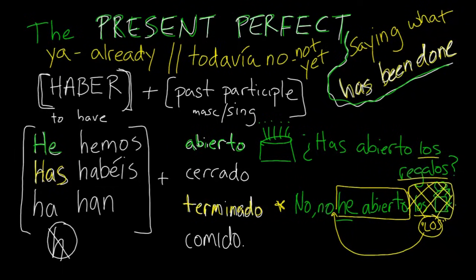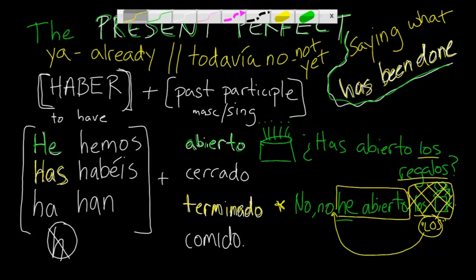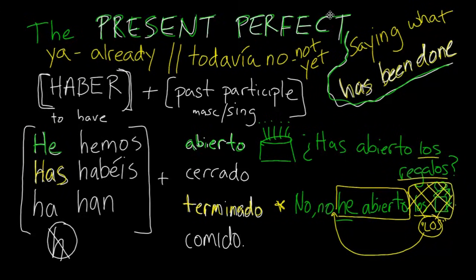So if we go back to our example that we were using just a little bit earlier, and your friend comes to your birthday party, and originally he said, ¿Has abierto los regalos? Have you opened the gifts? He could have said, have you already opened the gifts? And we could put that ya right here if we wanted. ¿Ya has abierto los regalos?